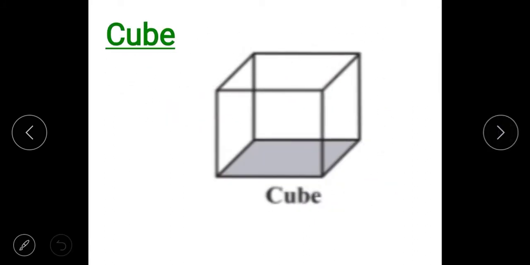Now the second solid shape is the cube. This is a special case of the cuboid. As you saw in the 2D videos, a square is a special case of a rectangle where all the sides are equal. Similarly in the case of a cube, all the edges are equal, so every face is treated as a square.